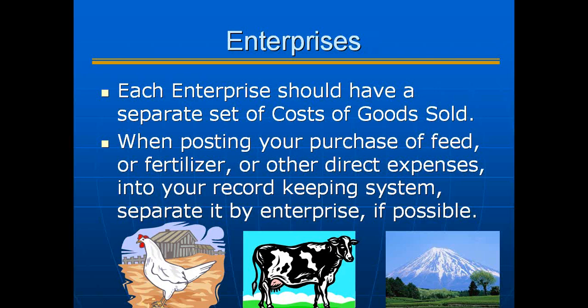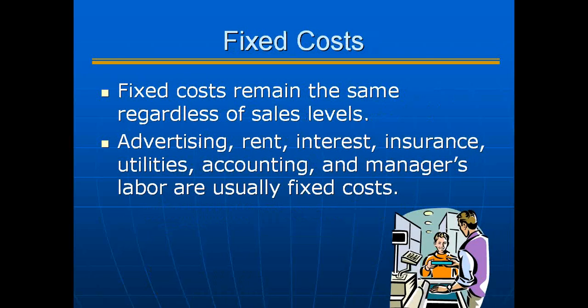So in addition to those costs of goods sold, which are variable costs, which are direct costs, you're going to have some fixed costs, which some people might call overhead or indirect costs. They're called fixed because they remain the same regardless of sales level. And not everything is exact, so some of these might go one way or the other.